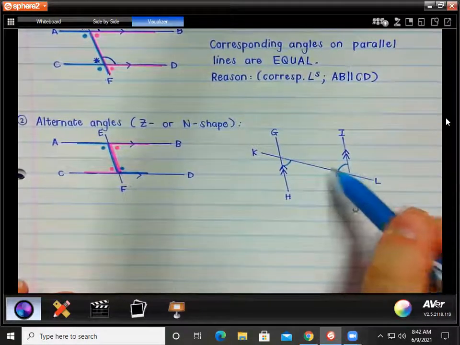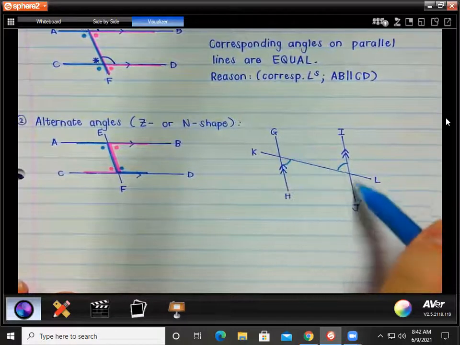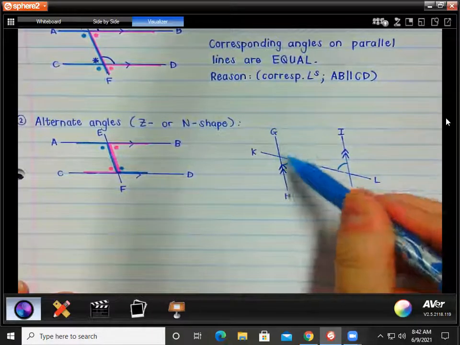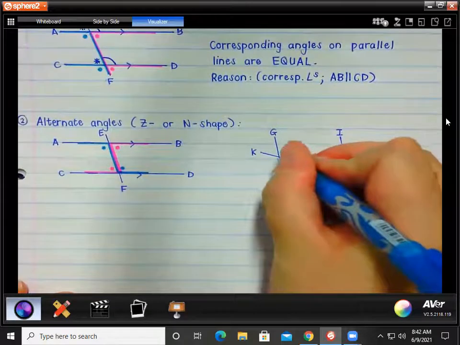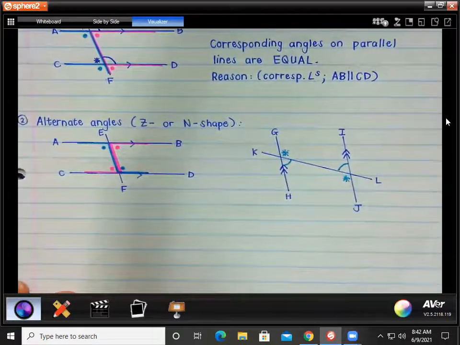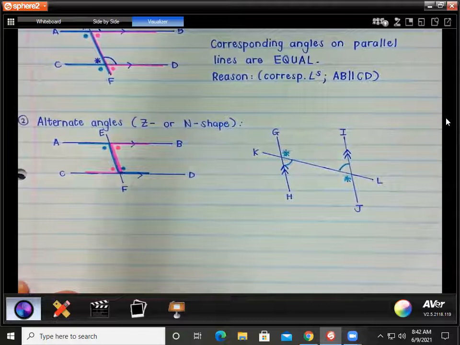If we look at that one there, that's a bit more difficult to see. Do you notice that one there? All right, so in that case, if we have this shape, then that angle over there is going to be equal to this angle over there. All right, once you practice these, it will become easier to see them. So don't worry if it's a bit confusing at the moment.